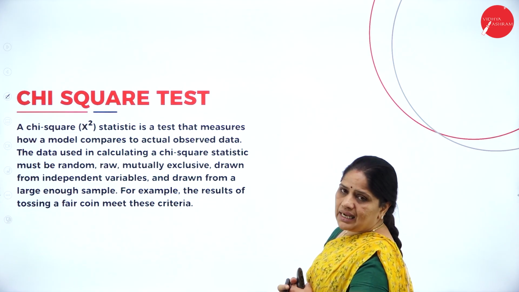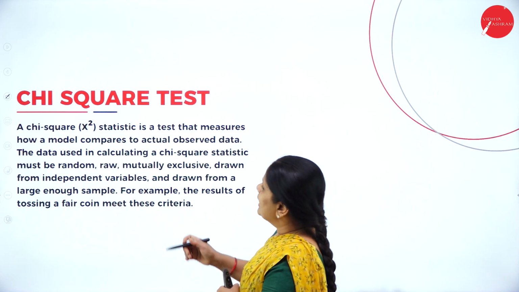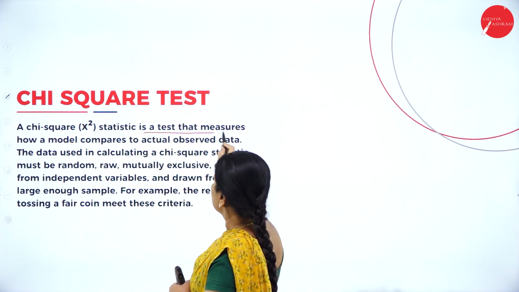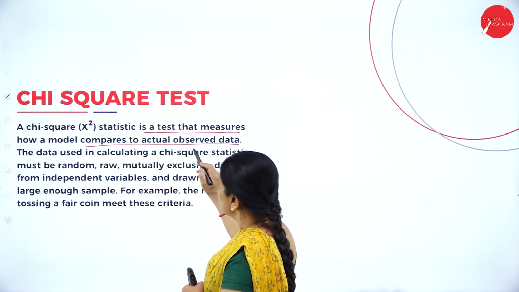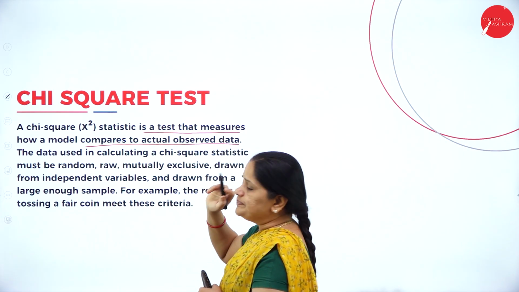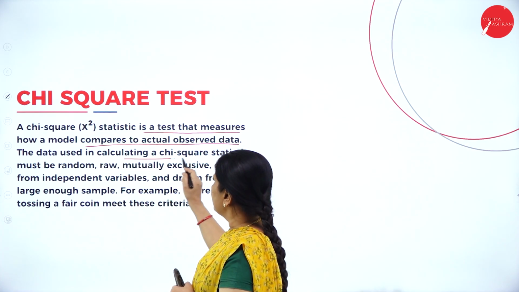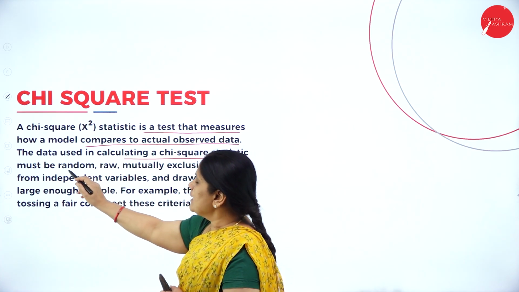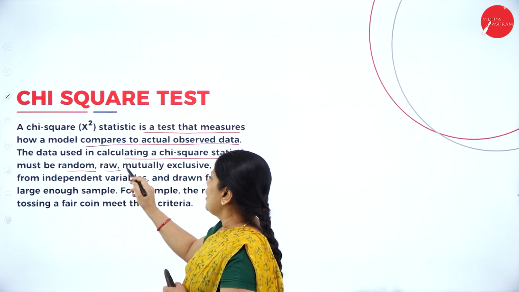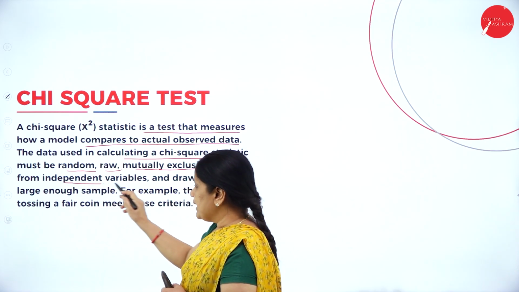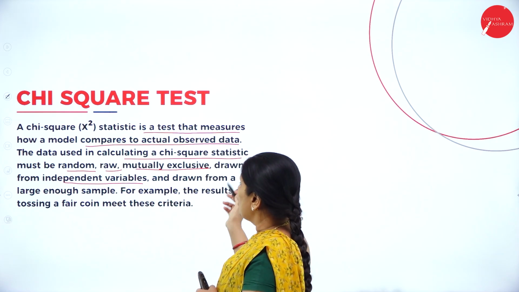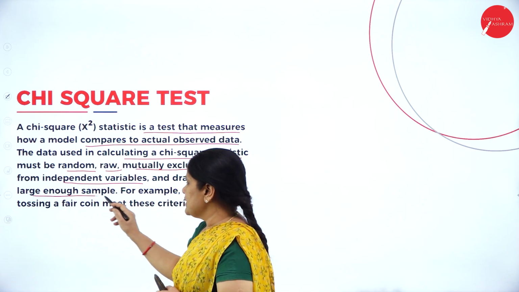Then what is the chi-square test? A chi-square test is a test that measures how a model compares to actual observed data. The data used in calculating a chi-square statistic must be random, raw, and mutually exclusive, drawn from independent variables and drawn from a large enough sample.